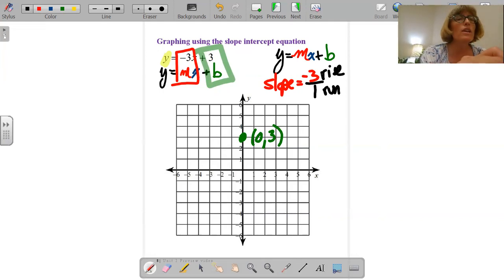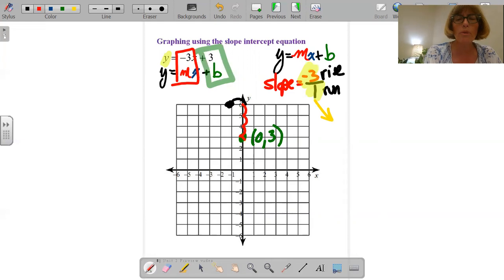You look, and I know that this is going to be a negative line. Why? Because that's -3. So just kind of do a quick sketch. I know my line has to tilt downward from left to right. So I do this. I rise 3, 1, 2, 3, and I run 1 to the left.